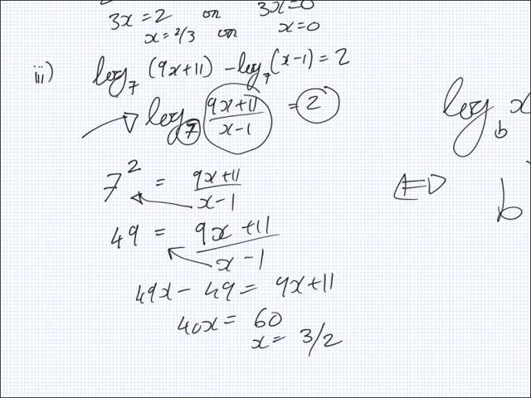Which rules should I apply here? No. Look, the thing to keep in mind is all work must be shown. Why? Because just the answer, even the correct one, will score no marks. They're saying that even if you wrote down x equals 3 over 2, you get 0 marks for this one.